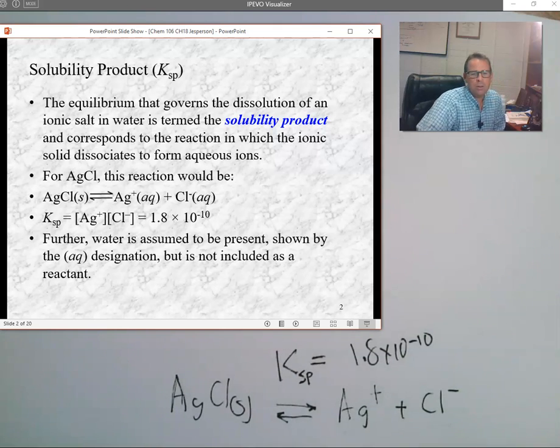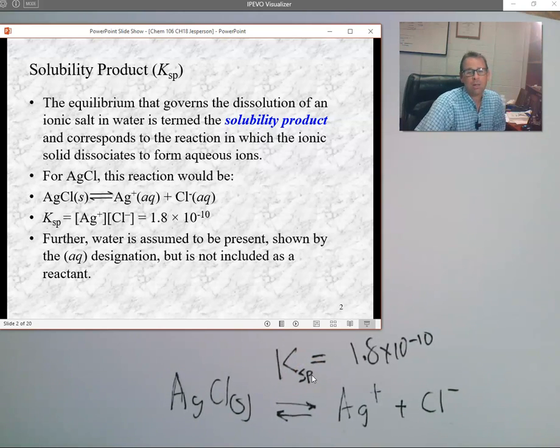Now, don't be scared about those letters underneath the K. Ka, Kb, KSP, it's just a kind of K. The SP stands for solubility product. Either way, it's always measuring how much of the material at the left goes towards the products at the right in a given chemical reaction.